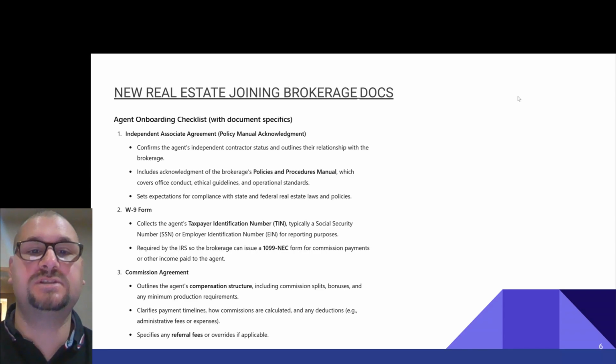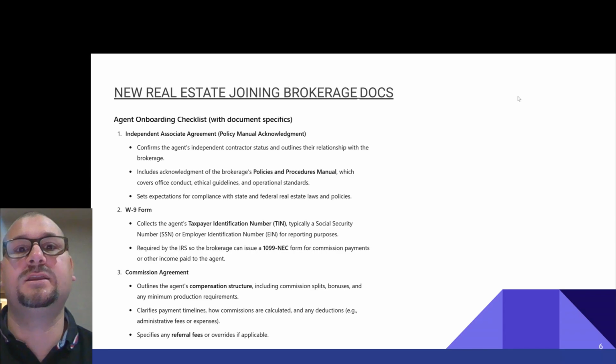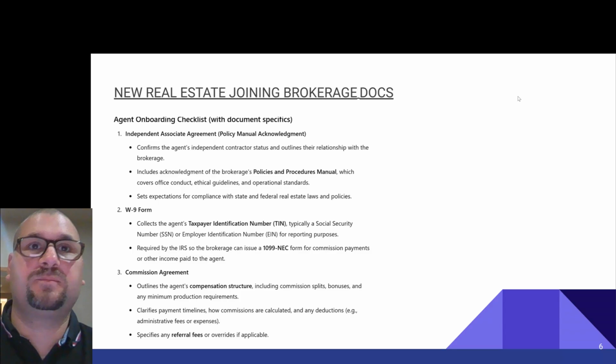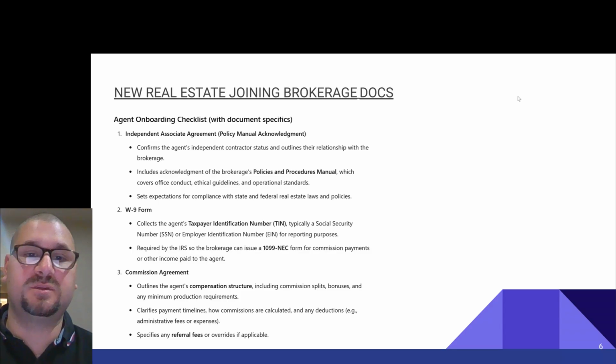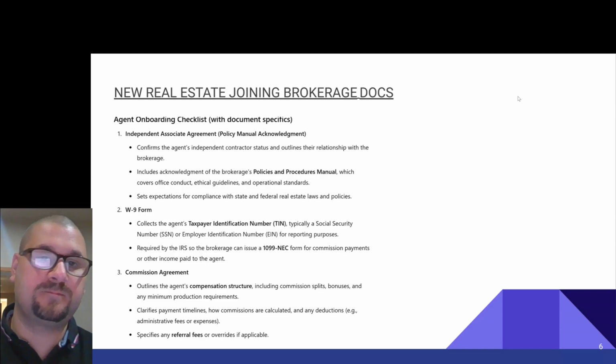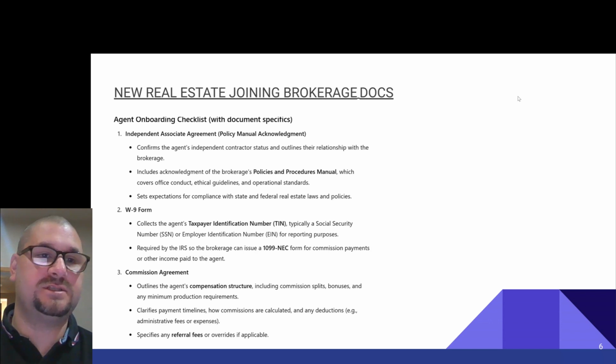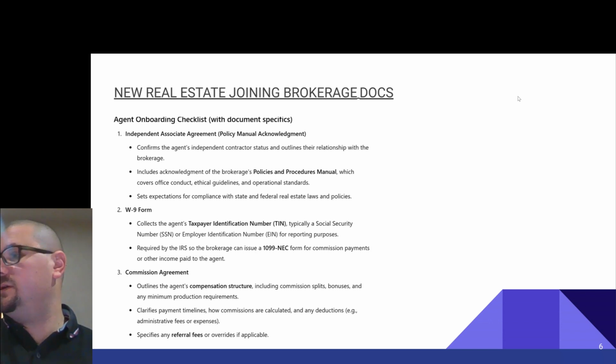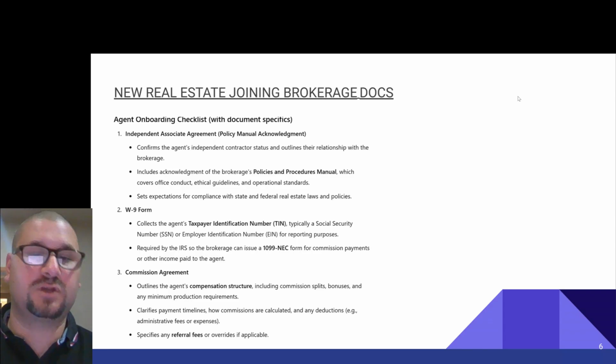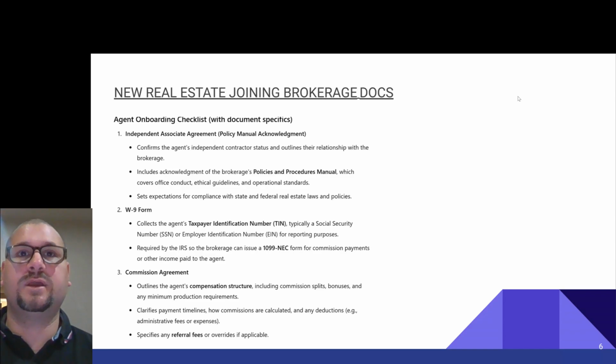So the realtor will fill out a W-9 to give to the broker, and then performs the transactions over the year, and then the broker will give the 1099 to the agent at the end of the year. 1099 NEC, right, for commission payments or other income paid to the agent. So if you're a new agent, expect a 1099 NEC from your broker at the end of every year.